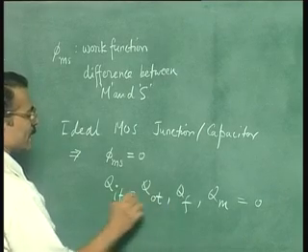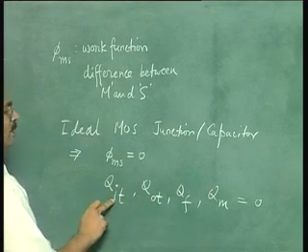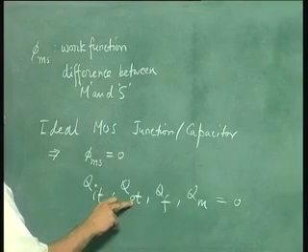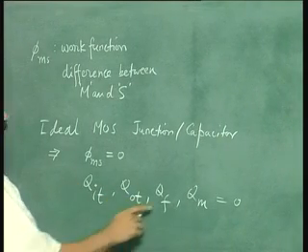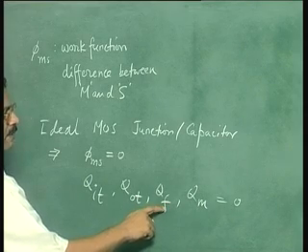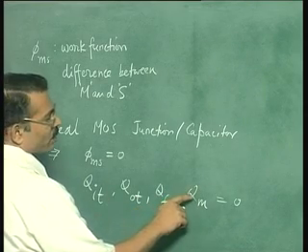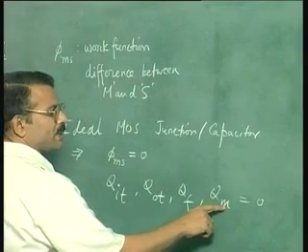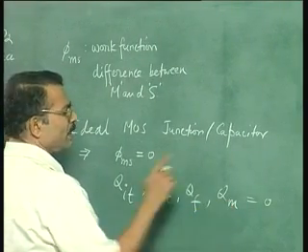So suffix T stands for trap charge, suffix I stands for interface and O stands for oxide. So QF is also an interface charge, suffix F stands for fixed. QM is a mobile charge, M stands for mobile, and this is in the oxide.